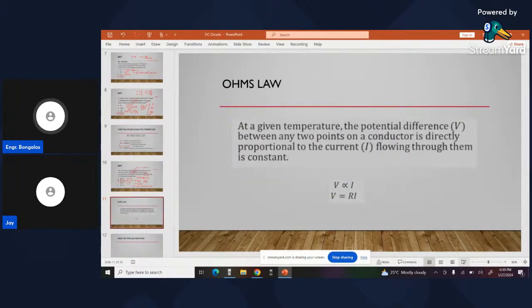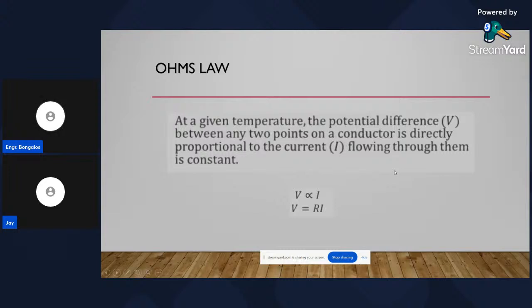So, proceed tayo for Ohm's law. Ano ba ibig sabihin ng Ohm's law?